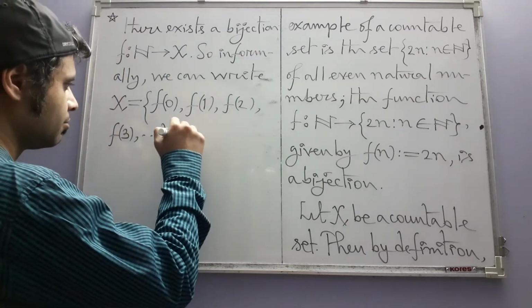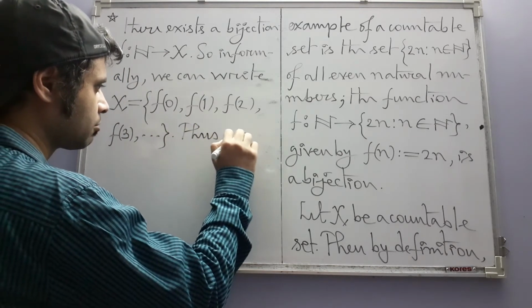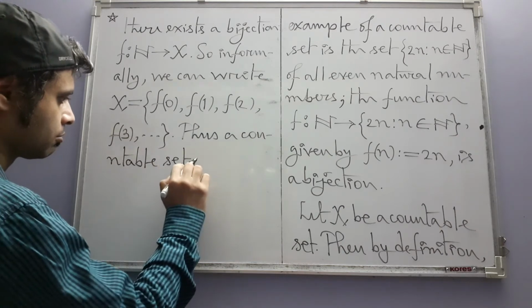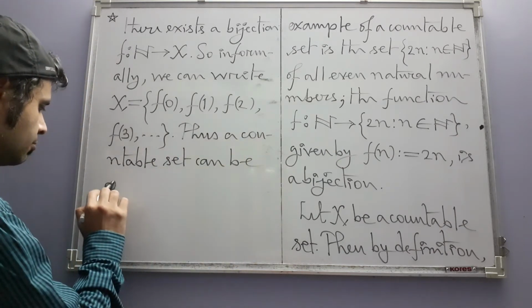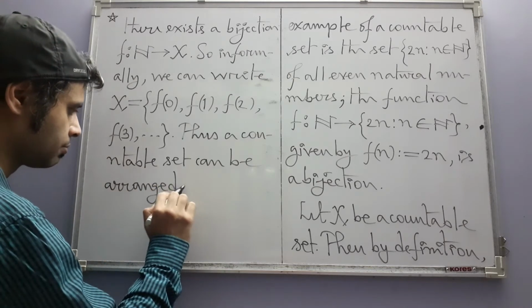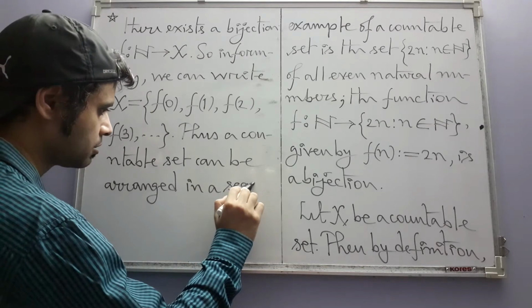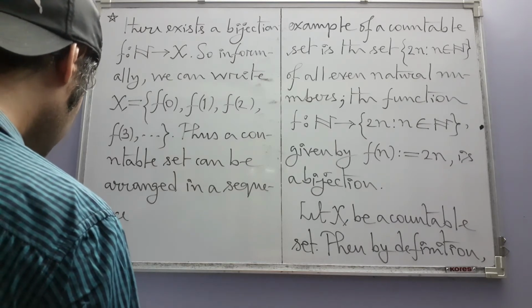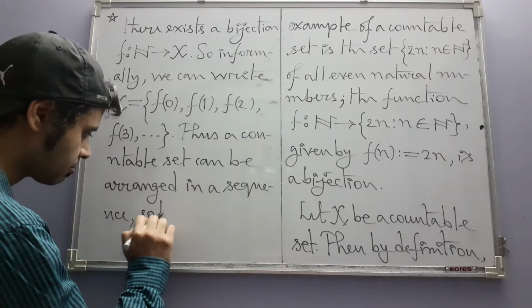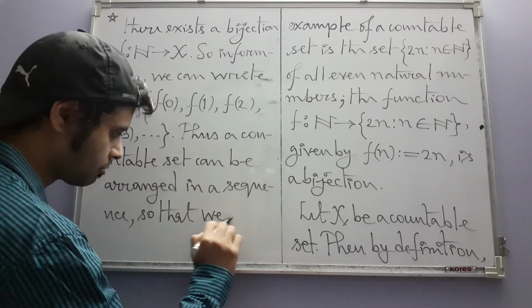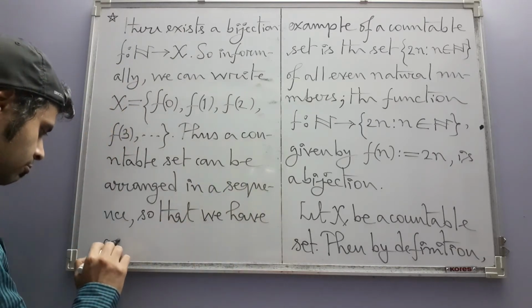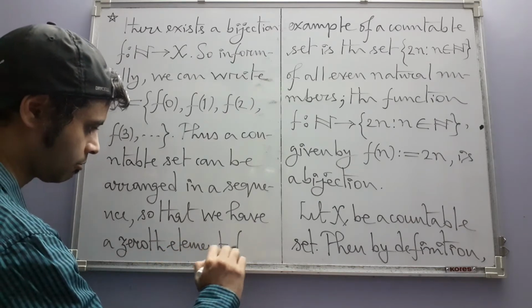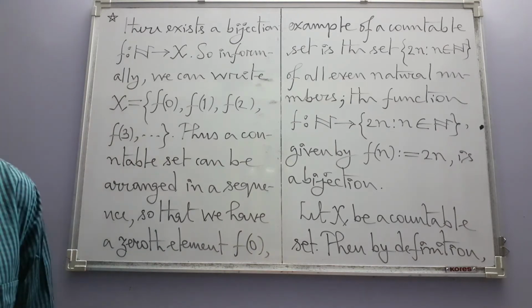Thus, a countable set can be arranged in a sequence so that we have a 0th element, a first element, a second element, and so on.